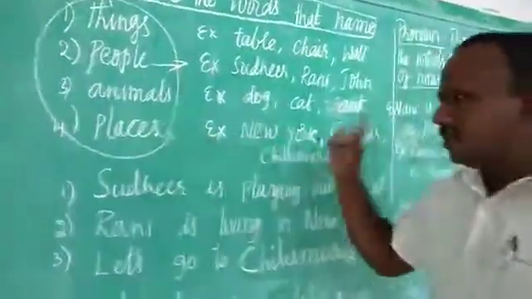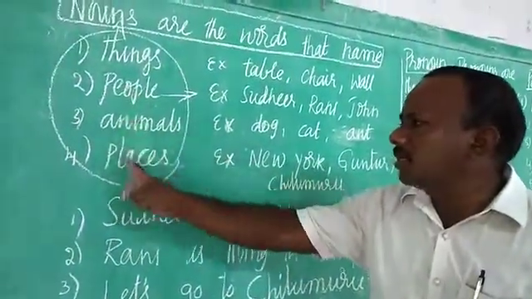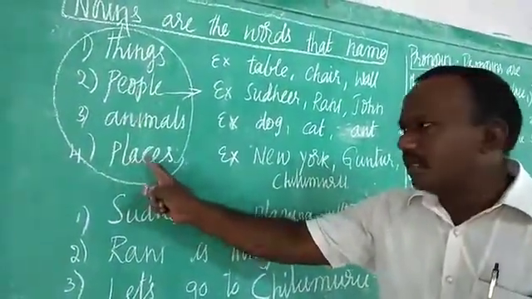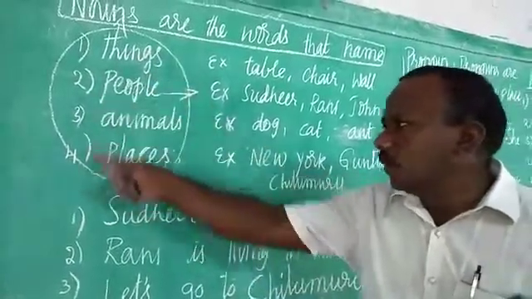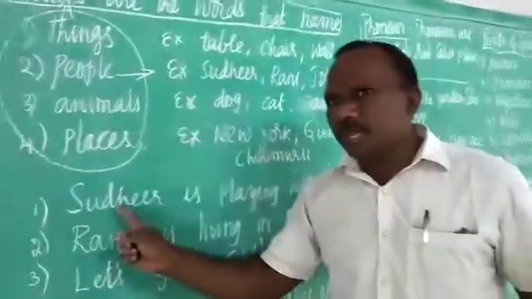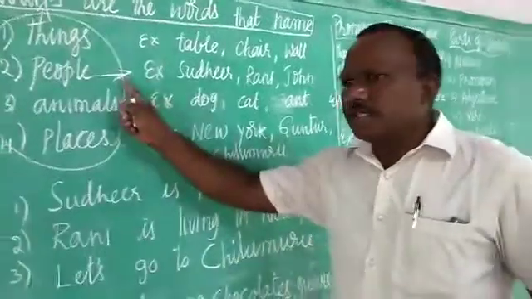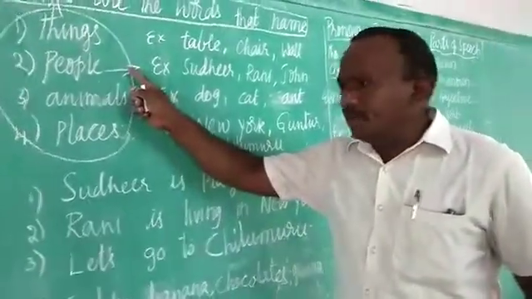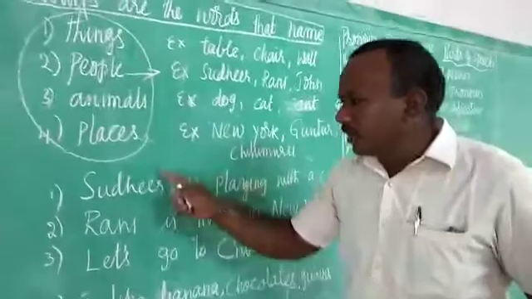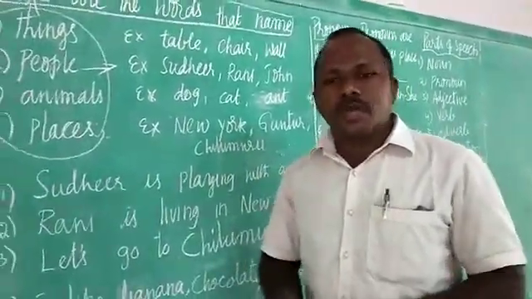So all these things, people, animals, places, and even ideas also will come, but I didn't write them. All these will come under noun, children. Now, with these nouns, this was the main topic I want to tell you here, children, and related to this, we have to go with some sentences which will be very useful to identify.